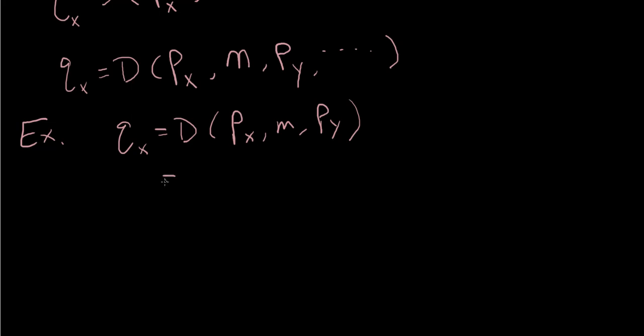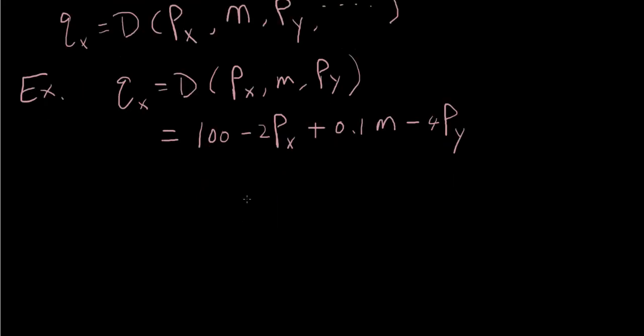And in the following way, say Qx = 100 - 2Px + 0.1m - 4Py. Okay, now with this demand function here, can you tell whether good X is a normal good or an inferior good?